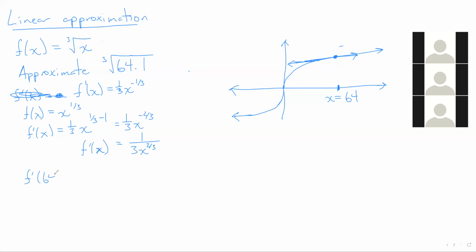So f prime of 64 is equal to 1/3 times 64 to the 2/3, which is equal to 1/48. Yeah, 64 to the 2/3 is 16. So 1/48. So we have a slope of 1/48.